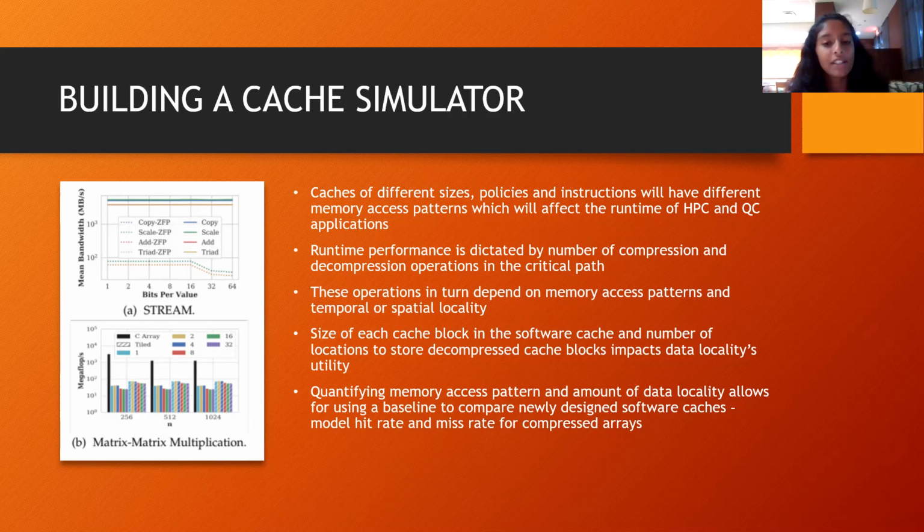Once they have entered all these inputs, we will run the simulator for the policy and the size and see how it impacts the hit rate and the miss rate for that specific cache. This can be compared for different dimensions, as multidimensional blocks are really important for software compression algorithms today.